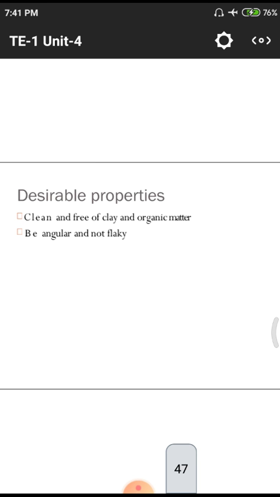Because if we construct a road with these aggregates and the aggregate has some impurities, then when load is applied on the road, the clay, which has low strengthening parameters, will decay from the road due to water. In rainy seasons there may be some pits or voids.